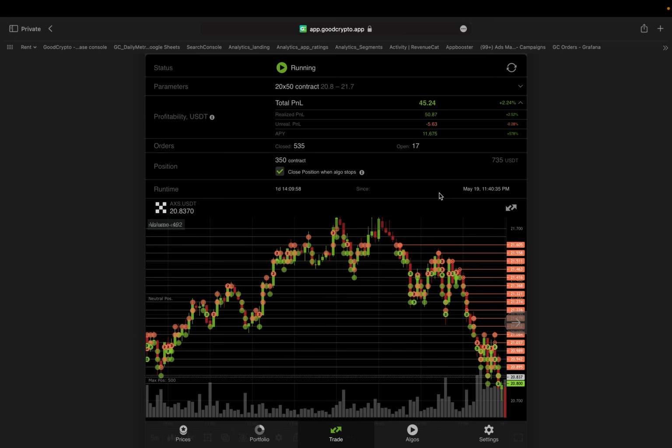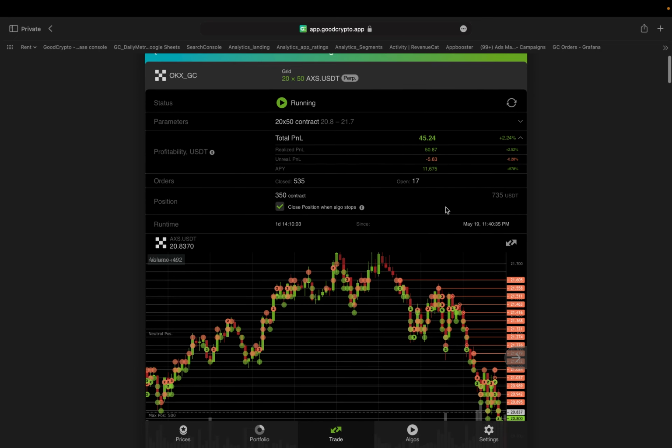Just an illustration of what that can do, just kind of a teaser, so to say. That grid, made in that day and a half, made 25% of P&L to the total funds locked in that grid, but that is a grid that is traded with leverage. So in fact, the leverage is 20x.